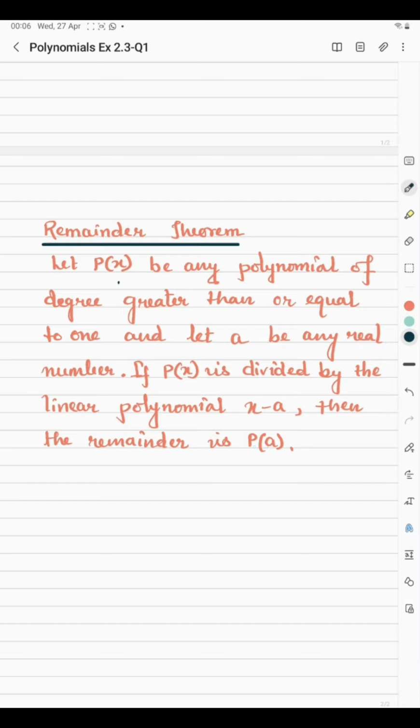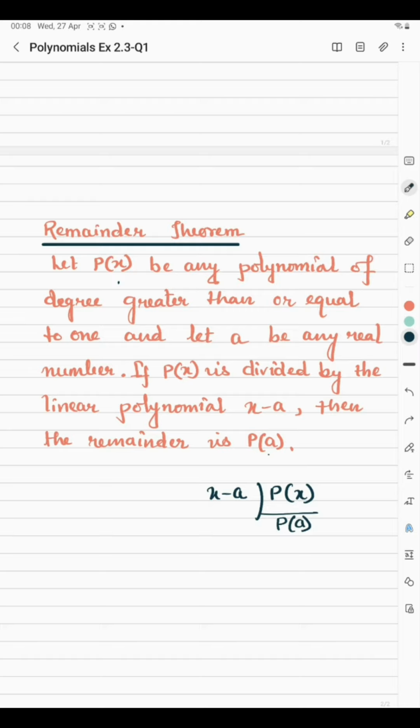So according to the remainder theorem, if P(x) is divided by the linear polynomial x minus a, then the remainder is P(a). This means if we put a in place of x, then we'll be getting the remainder.